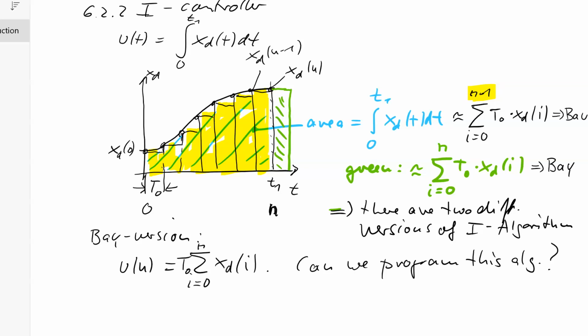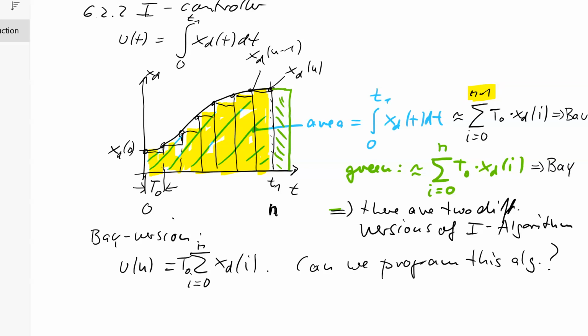What have we to do? The output, which then is sent to the DAC, is a multiplication by the sampling time, no problem. We have to calculate the sum. Okay, what does that mean? The sum means I have to add all control difference values starting from the switch on of the computer until the actual time.